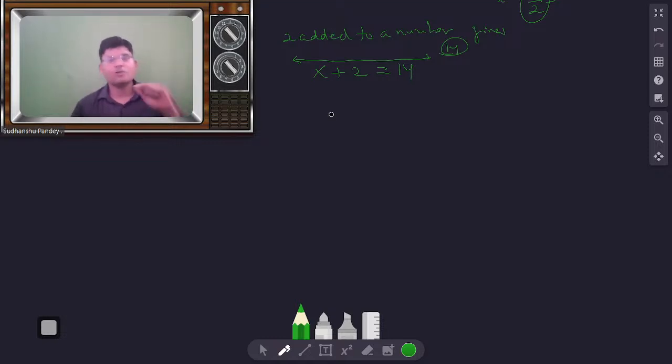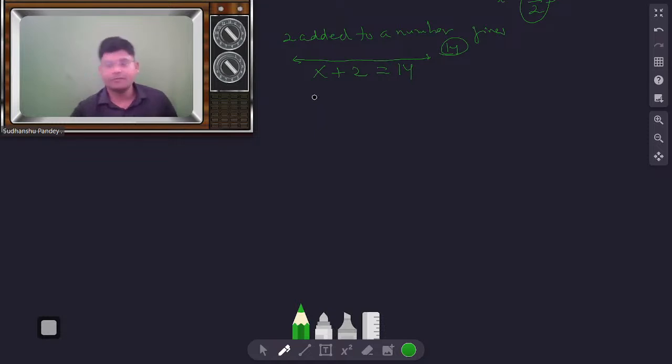My other question is now why am I going to do 14 minus 2? Because we are going to take 2 away from the x and transport it to 14 to subtract it to get the answer.